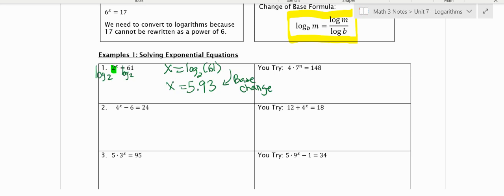Same thing for the next one. I'm going to isolate like we did before. We're then going to take, in this case, log base 4 of each side. So we get x equals log base 4 of 30. Again, we have to use our base change formula.